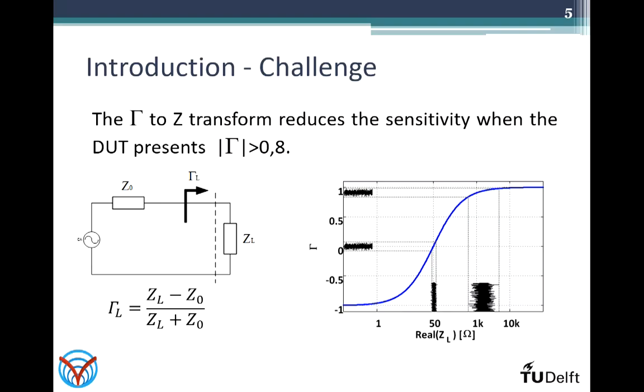On top of this, the nonlinear relationship between the gamma we measure and the impedance decreases the accuracy of the measurement when the magnitude of the gamma of the device is higher than 0.8. We can see here the example of the same noise level measured on the gamma and the effect it has on a 50 ohm measurement and on the measurement of a 1 kilo ohm device.